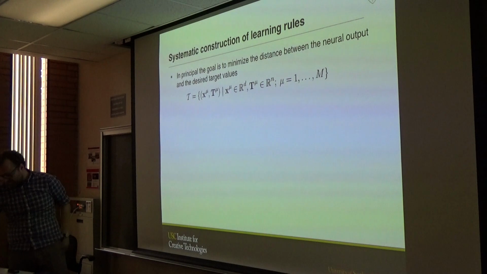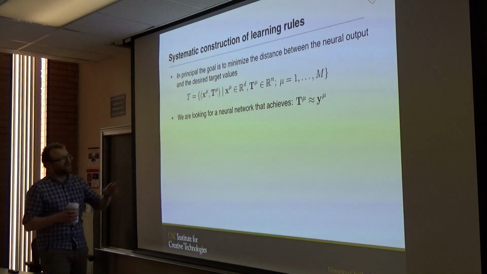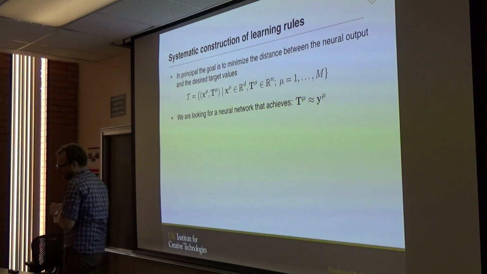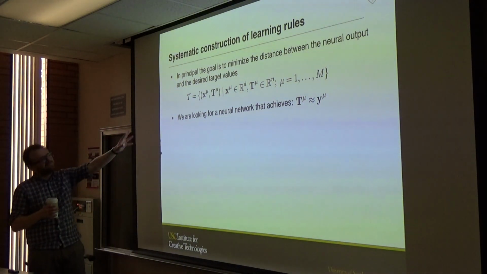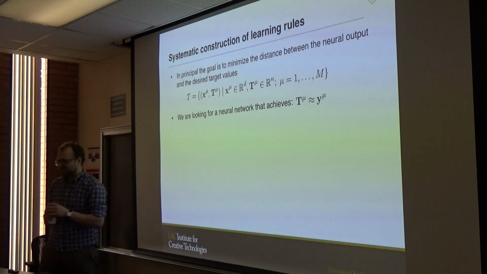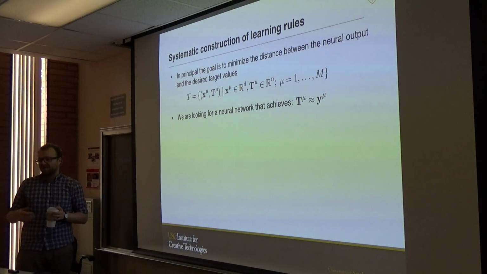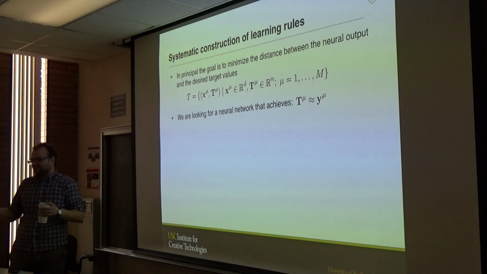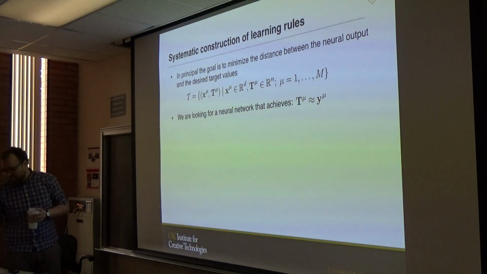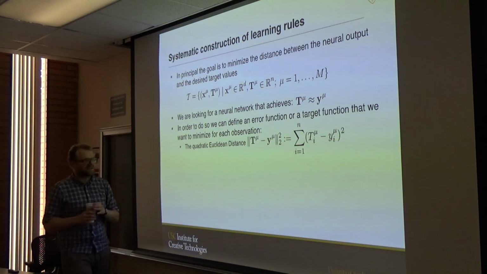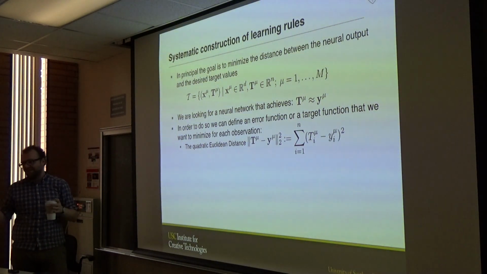All right, and then we're basically looking for our network output for each sample mu to be about exactly the same as this t vector. But we had that before. We need to define an error criterion or a criterion function to measure how close we are. Well, let's do the quadratic Euclidean distance, for example. We can do really anything here.